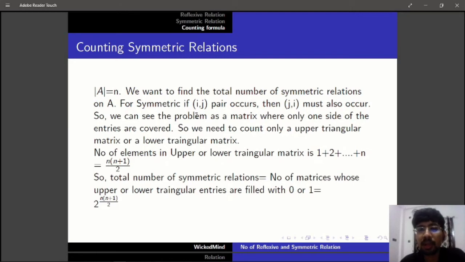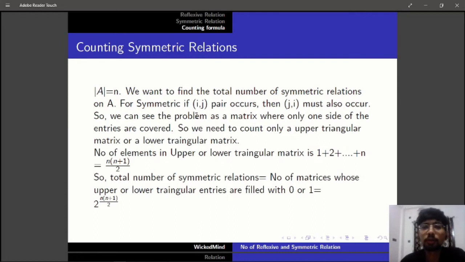It means if a_ij has the entry 1, automatically a_ji must have 1. So we just have to calculate only the upper triangular matrix or a lower triangular matrix, because they will be dependent.